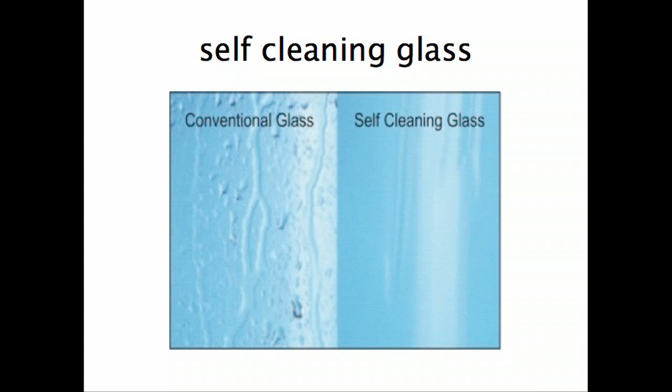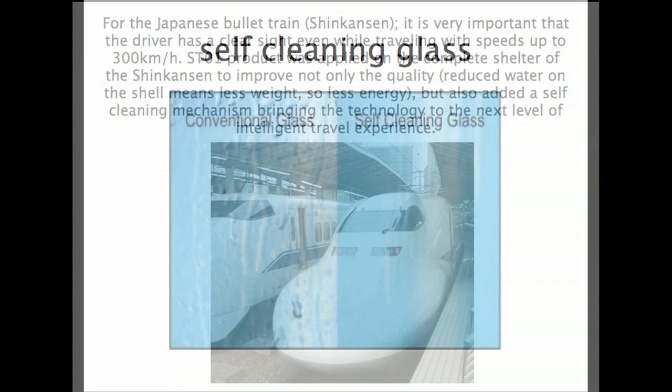And if it then rains or you just throw water on that glass, all those particles will come off because the surface is also hydrophobic. It does not like water. So you can see in this picture, the conventional glass, the water's sticking, and the self-cleaning glass, the water just runs off.